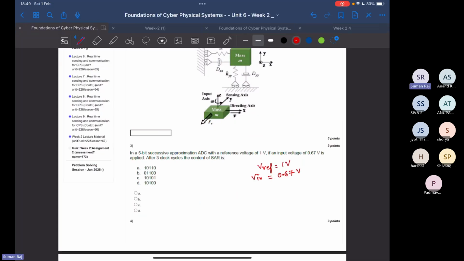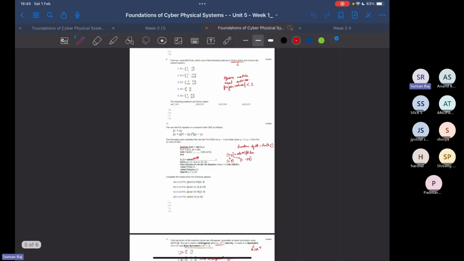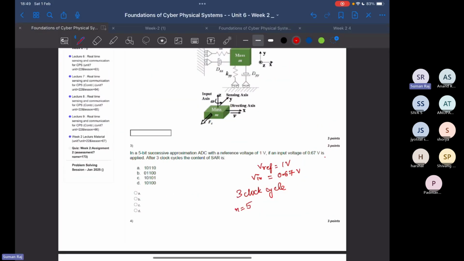So again over here, what you do is you have 0.67, and here you have to do it only for 3 clock cycles. And one more important thing is you have n equal to 5. So when you are actually going to calculate the resolution, what should you do?